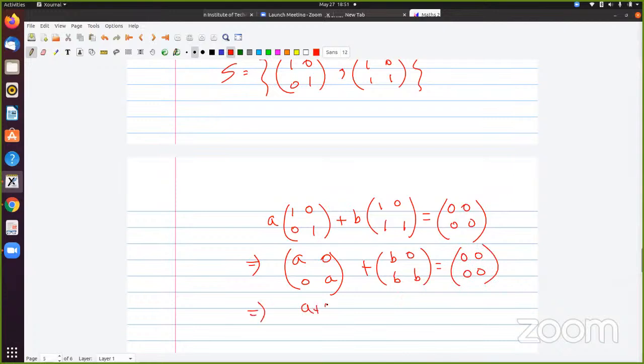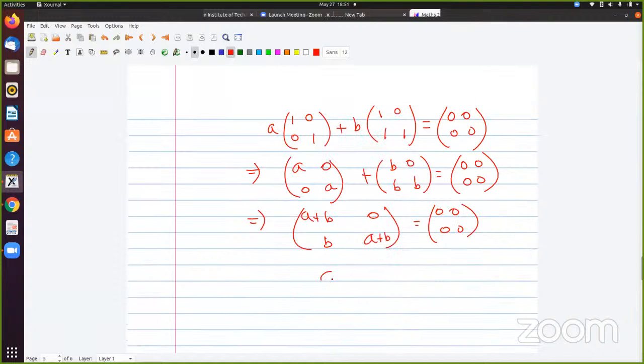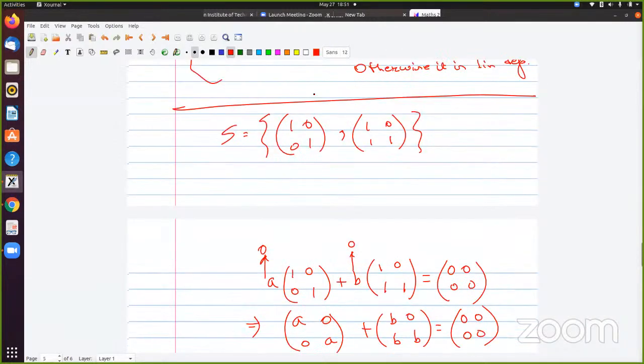Now, what if we add these? What equations are we getting? A plus B equal to 0. This place is already 0 equal to 0. This is B equal to 0. And the last one is again A plus B equal to 0. So these equations mean A equal to 0 and B equal to 0. Correct? So these coefficients are 0, basically. So this set is linearly independent.